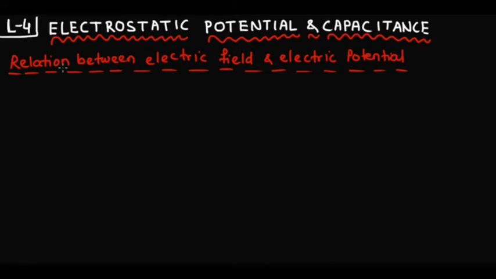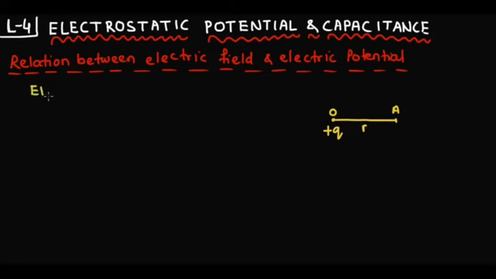So let's get started. Students, assume that we have a positive point charge plus q at the point O, and at a distance r from it I have another point A. Now tell me, if the distance between O and A is r, what is the value of electric field at the point A?